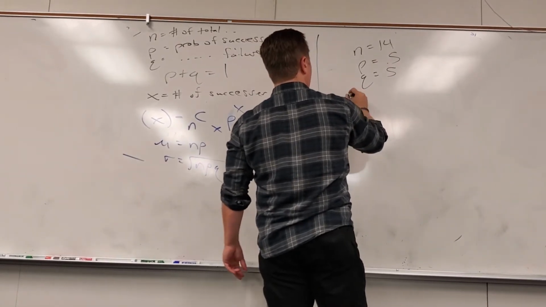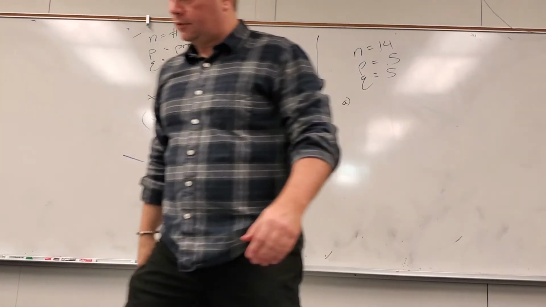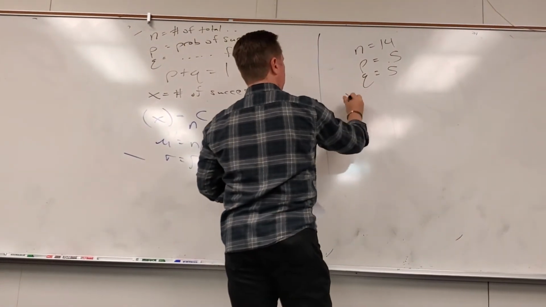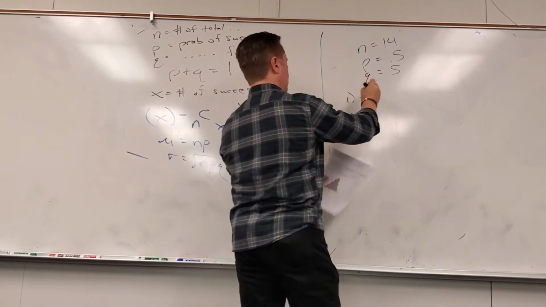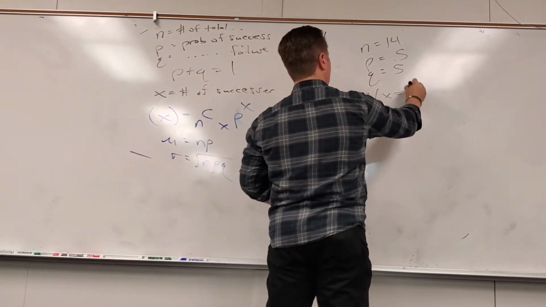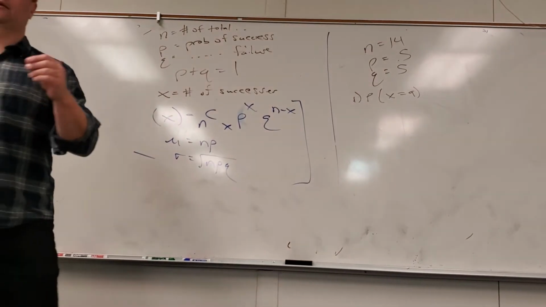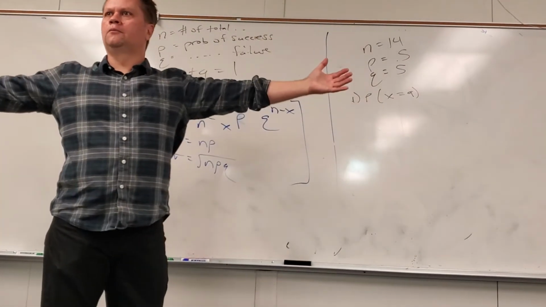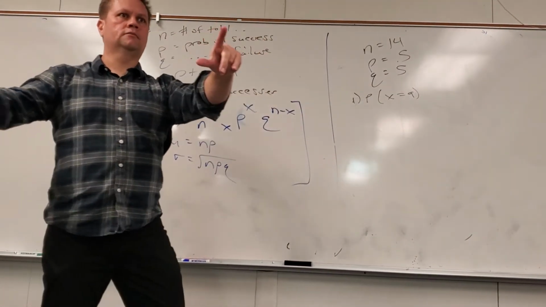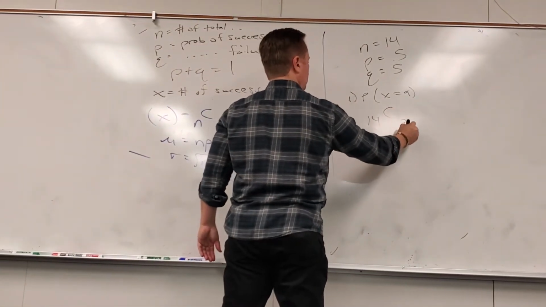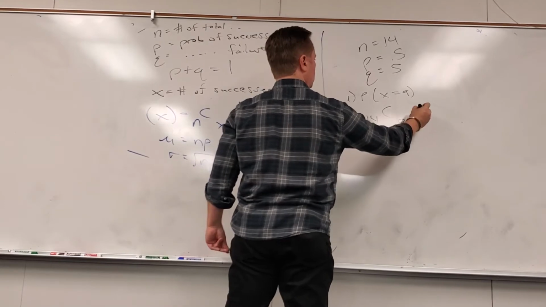And so part A. Number one, sure, Jeff. Number one says what's the probability I get exactly 9 heads? So how would I set that up? What would that formula look like? How many total things do I got? 14. And I want to choose 9 of them to be successes.